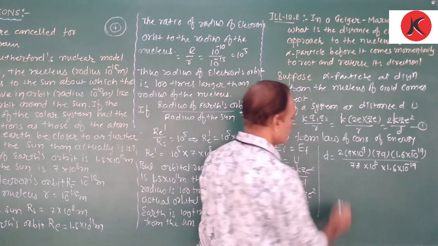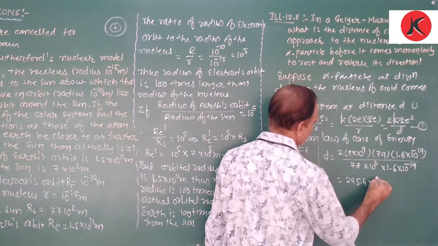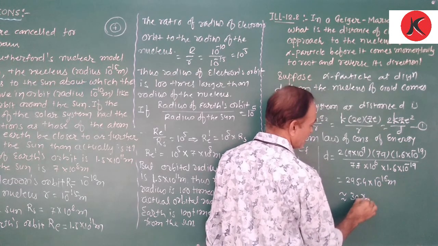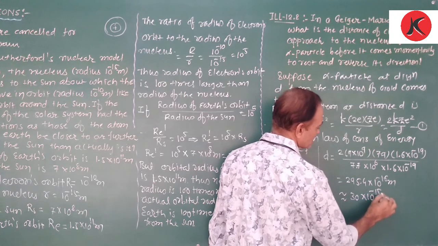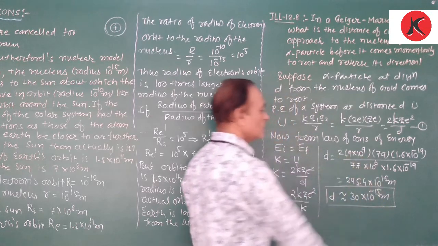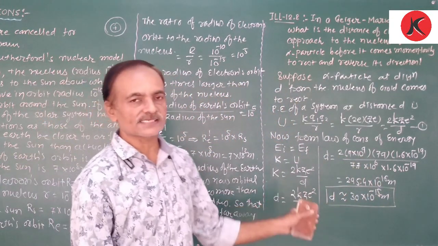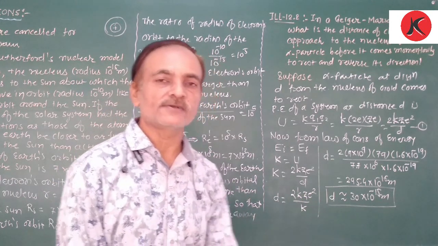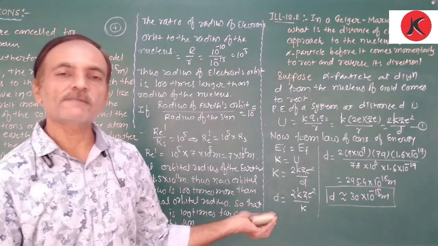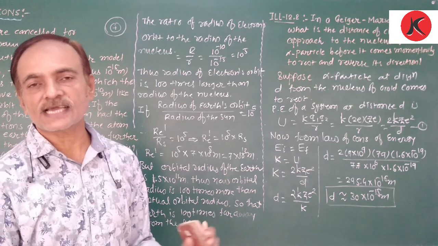Thus we obtain 295.4 × 10^-16 meter. That is approximately 30 × 10^-15 meter. That is the closest approach distance of the alpha particle from the nucleus. At this distance, the alpha particle comes to rest. Clearly, we only have to apply the equation that the potential energy is equal to the initial kinetic energy.